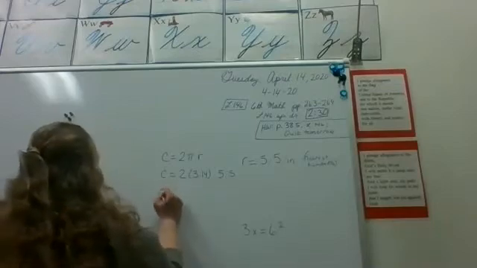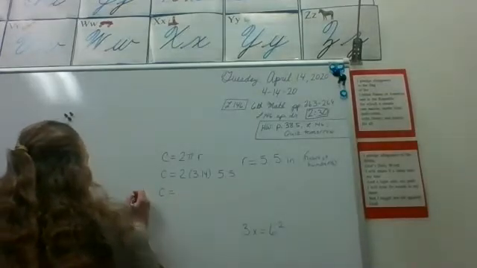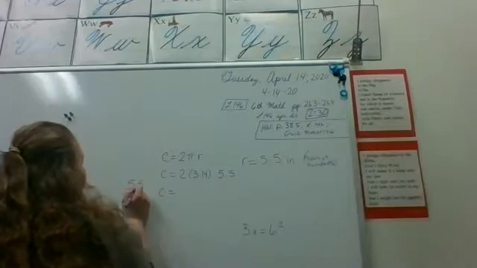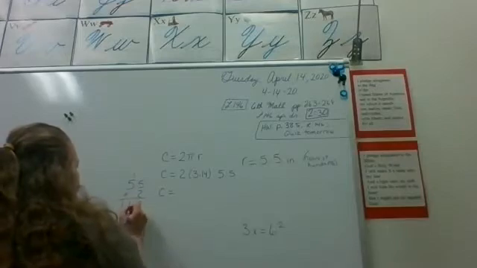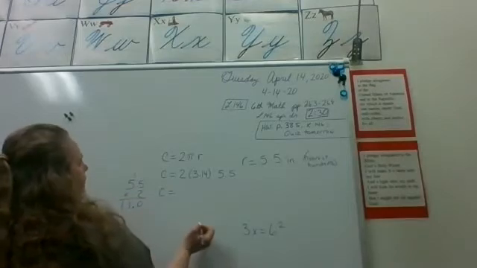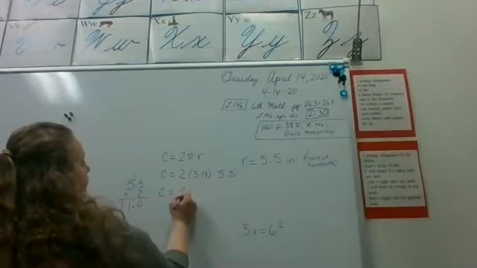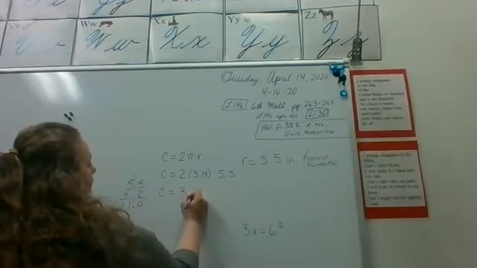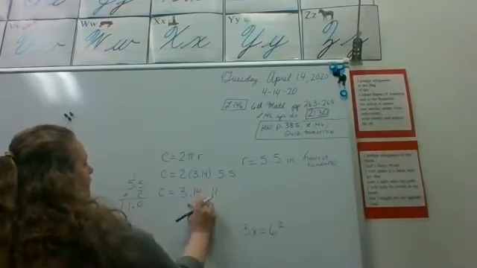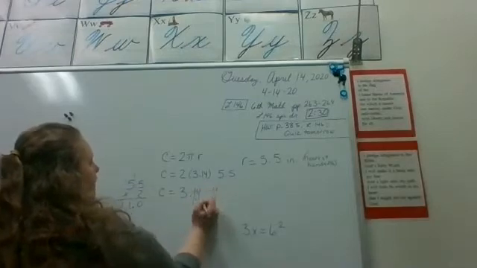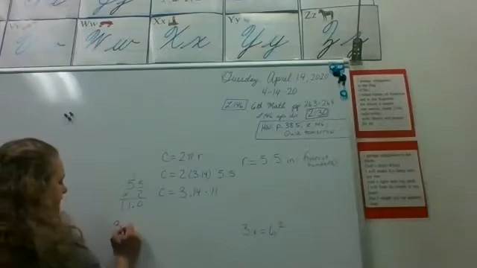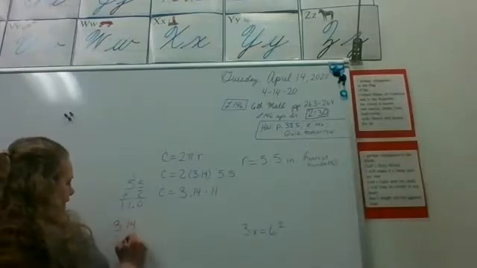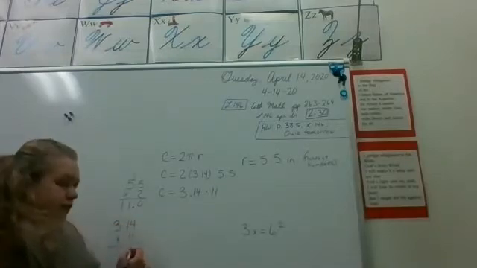So if we multiplied it by 5.5, we get 10 and 11. We've got 1 decimal point. It makes it 11. So 3.14 times 11. I forgot we need to use our raised dot, okay? So now we have 3.14 times 11, okay?